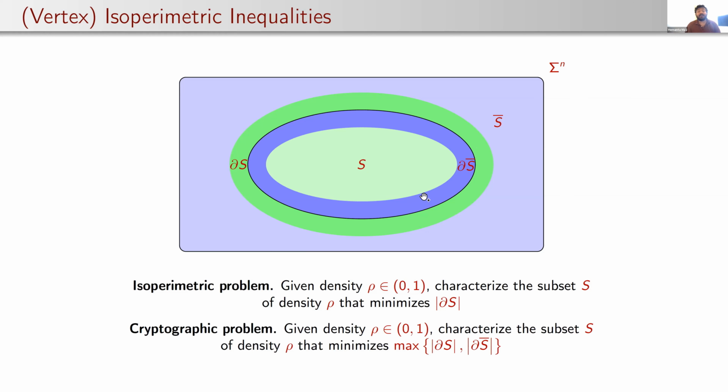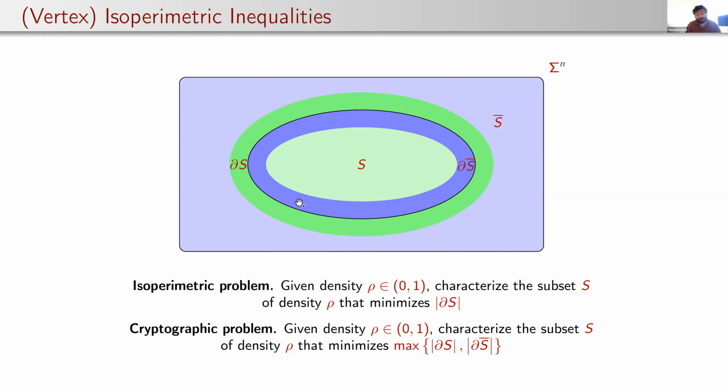If you take a cryptographic perspective on this problem, then one should not just consider the outer perimeter del S, we should also consider the inner perimeter del of S complement. And the cryptographic objective is to minimize the maximum of these two perimeters.